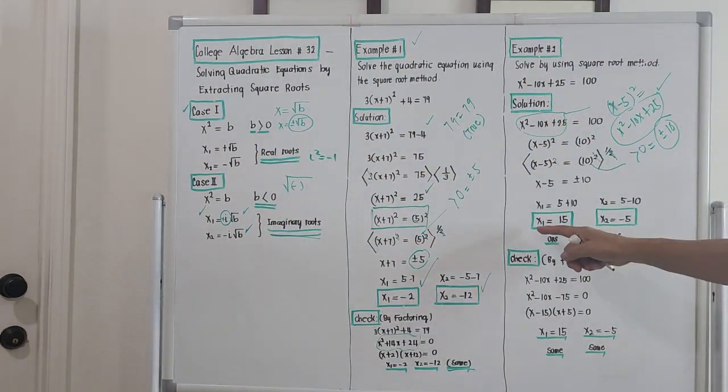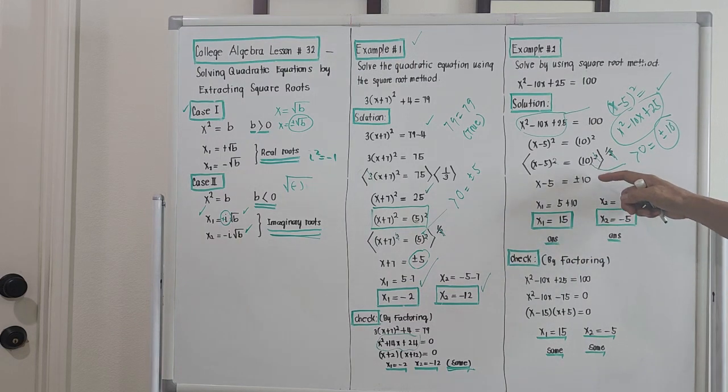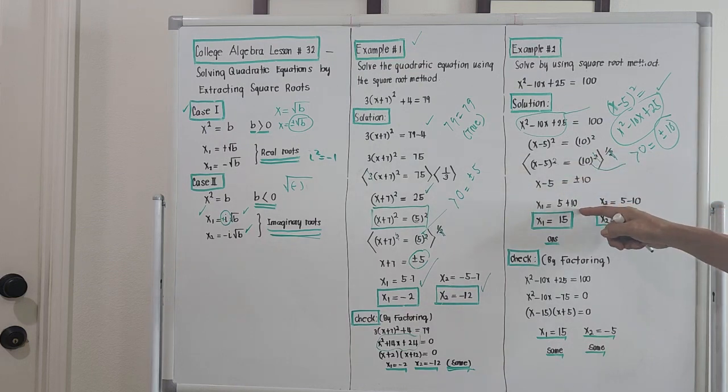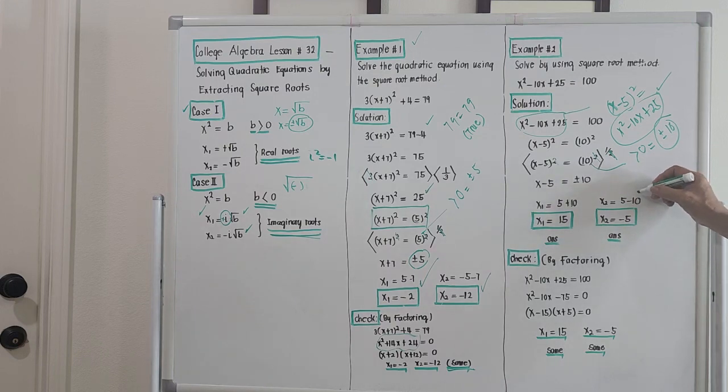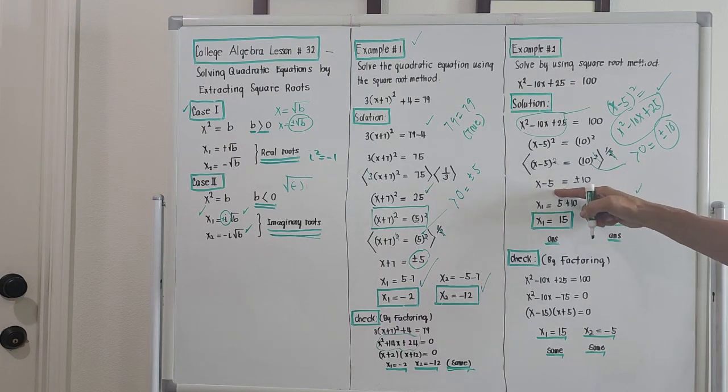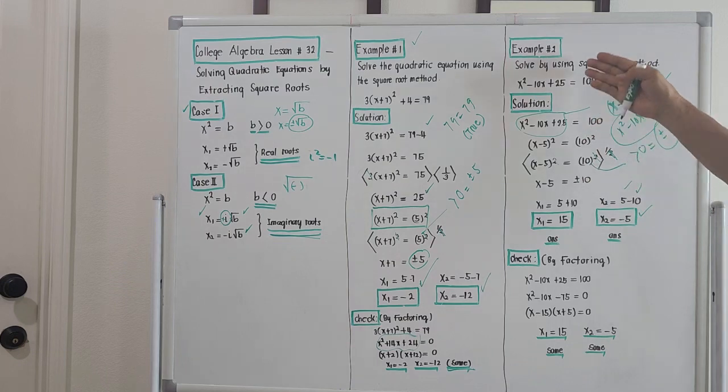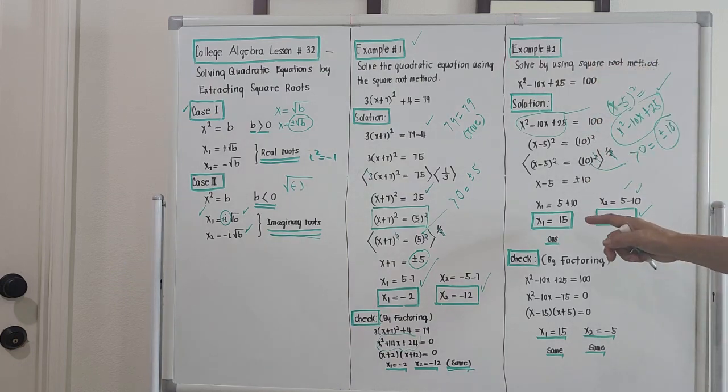So x1 will be positive 15 by using the plus sign: this is 10, we transpose 5 to the right, so that will be 15. x2, by using the negative value, then we transpose 5, will be negative 5. So the roots for the given quadratic equation are x1 equal to 15 and x2 equal to negative 5.